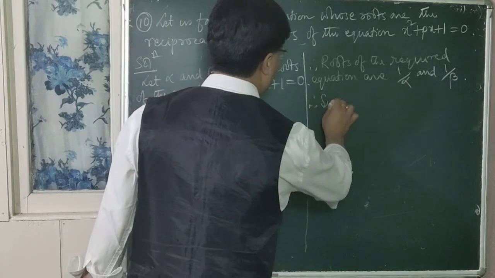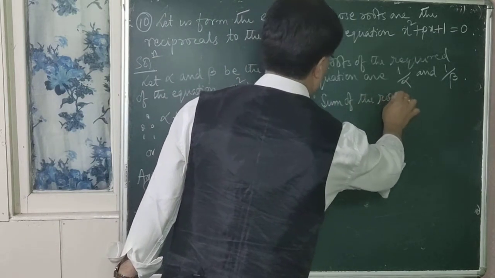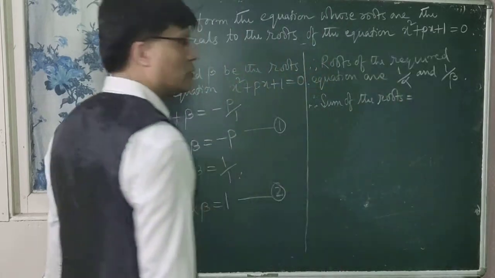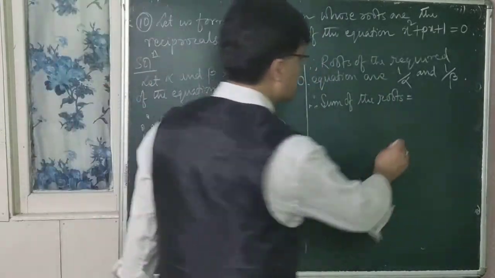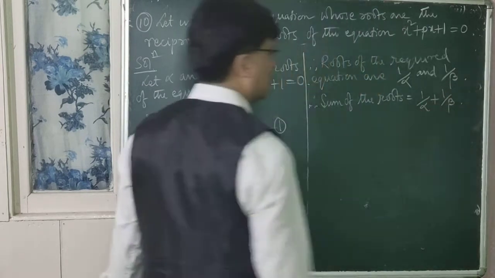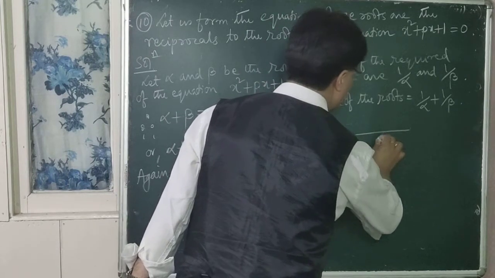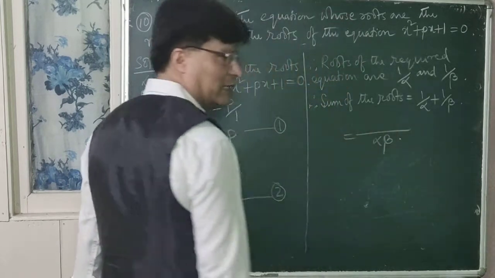Therefore, sum of the roots is equal to, what is it? 1 upon alpha plus 1 upon beta, right? So which is equal to, what's the LCM here? Alpha beta.